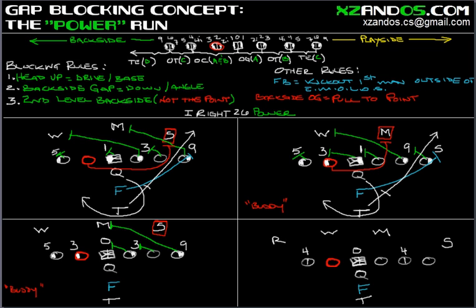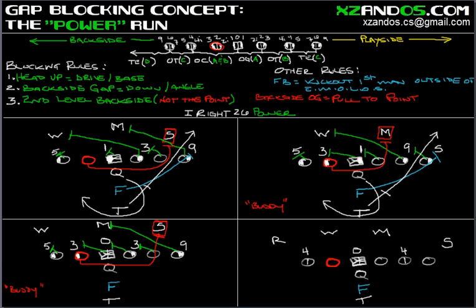And so we call buddy, and the center is going to block back on that 3 like so. The backside guard is going to pull around the 3 technique and go get the point, who is the Sam right now. And then the backside offensive tackle will block back into his C gap.